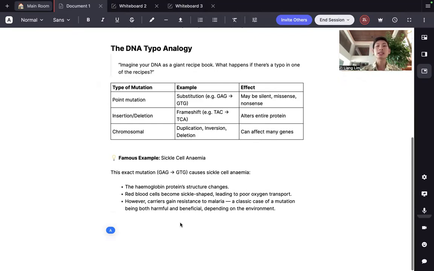This exact mutation causes sickle cell anemia. The hemoglobin protein structure changes. The red blood cell becomes sickle shaped, leading to poor oxygen transport. However, the carriers gain resistance to malaria. So that is a classic case of a mutation being both harmful and beneficial depending on the environment.